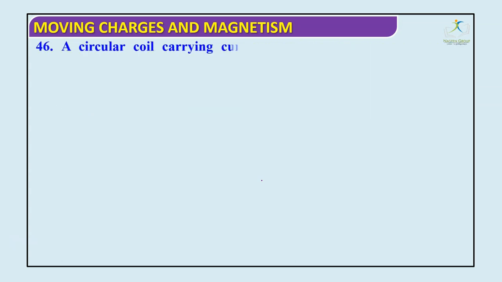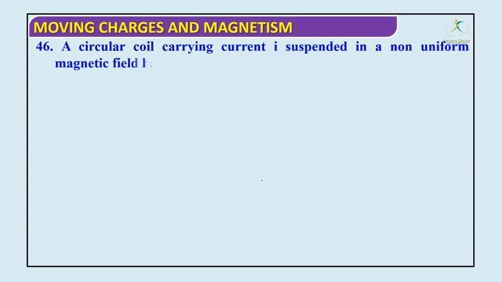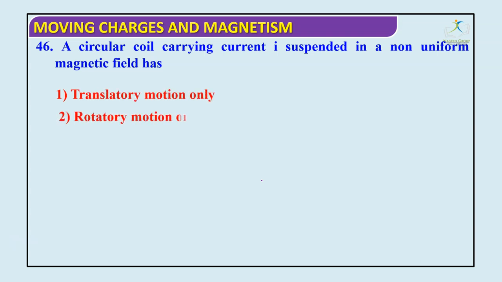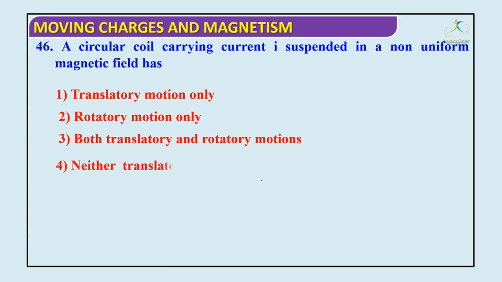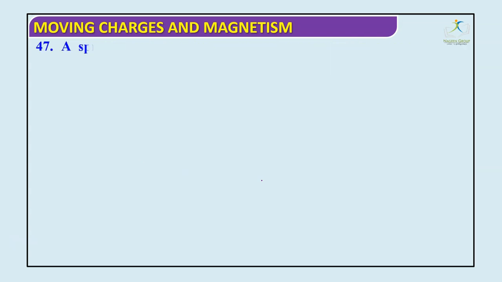Next question: a circular coil carrying current I is suspended in a non-uniform magnetic field. It has translatory motion only, rotatory motion only, both translatory and rotatory motion, or neither. The correct answer for this question is both translatory and rotatory motion.